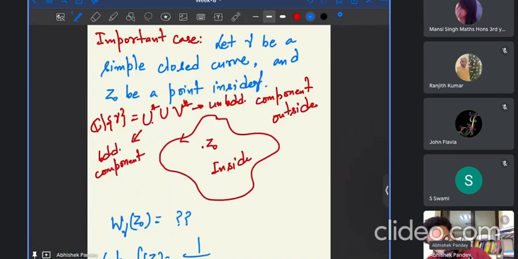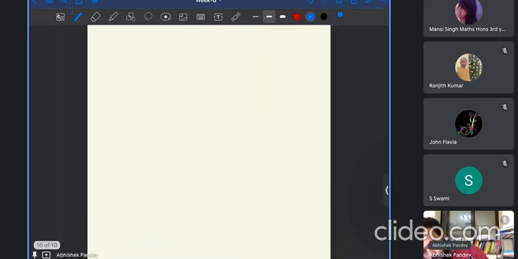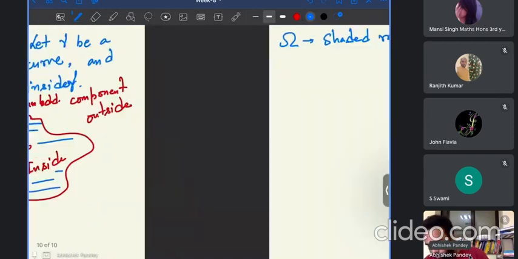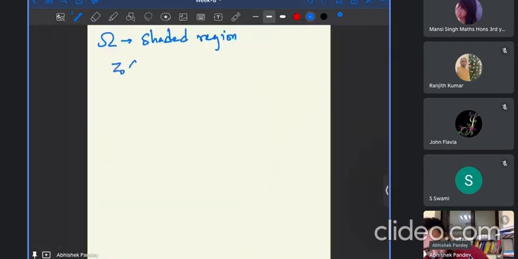So let us call this domain, this thing, D, omega. So omega is the shaded region. Okay, so this is a domain. Basically, z naught belongs to omega.